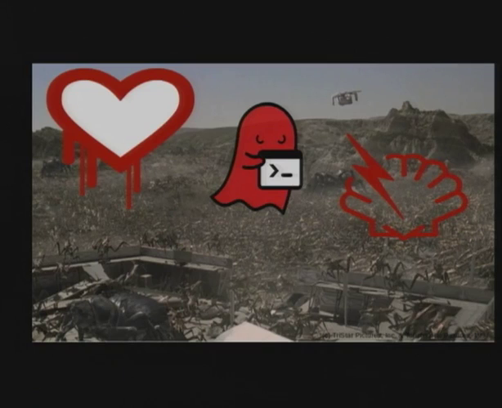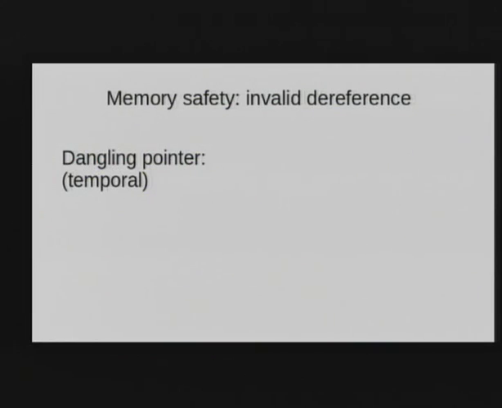So at the basis of all these vulnerabilities, there's the simple memory safety violation. And let's look at what a memory safety violation is. It all starts with a form of invalid dereference. So we are doing some kind of pointer manipulation and reading from some part of memory that we shouldn't read. So something goes wrong when we dereference a pointer.